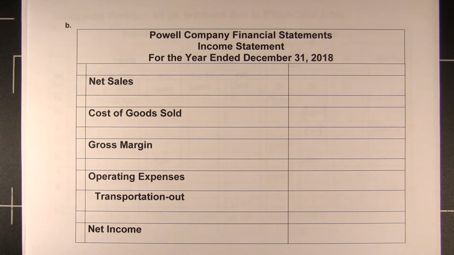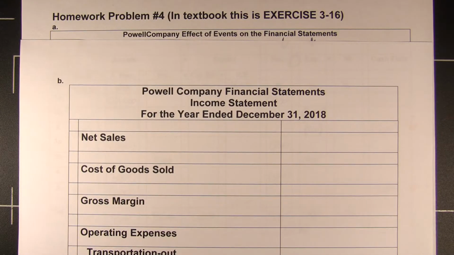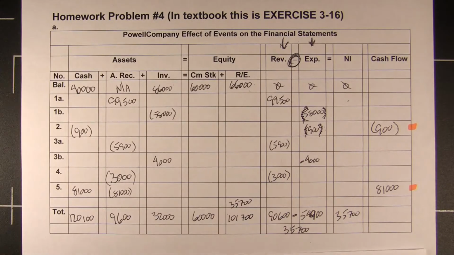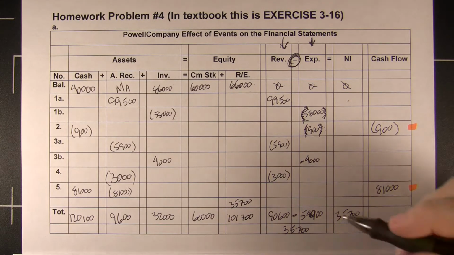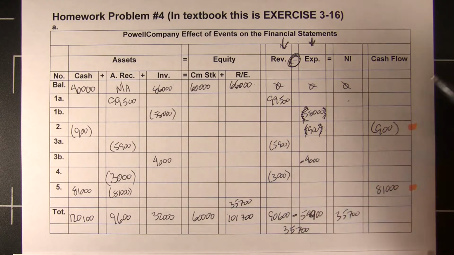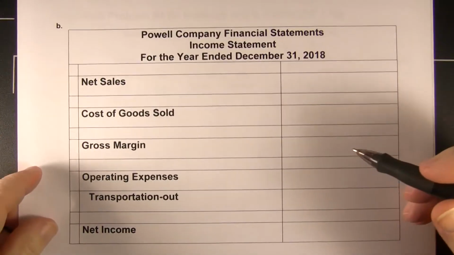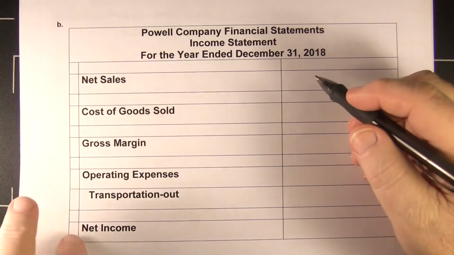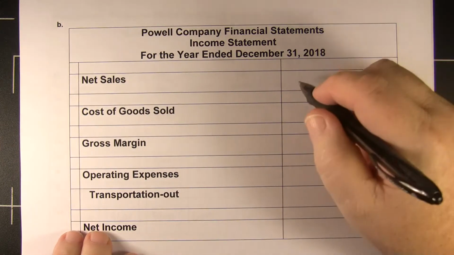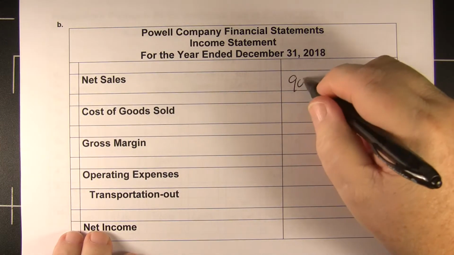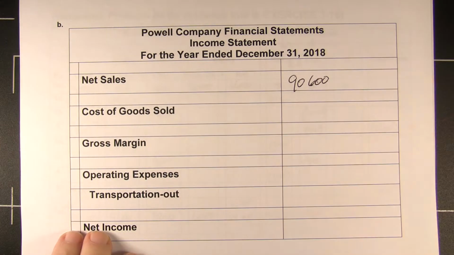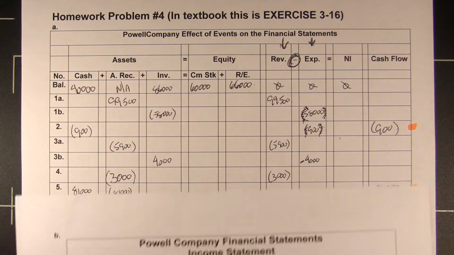The net sales, and all the numbers we're going to use, we can take right from here. Net sales, then we have freight. So we have net sales of $90,600. You see where that comes from.